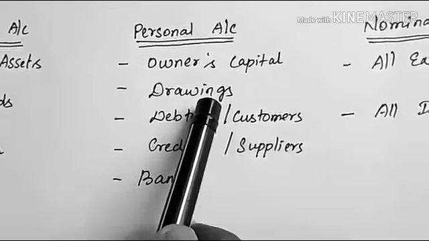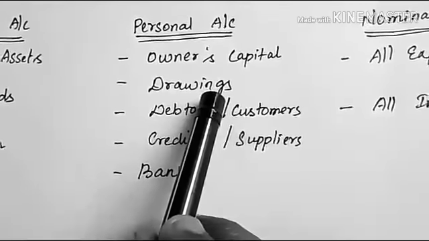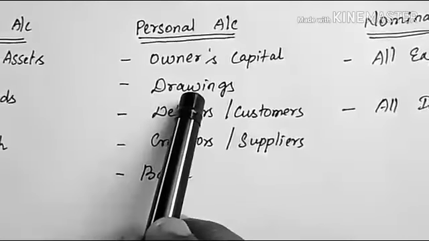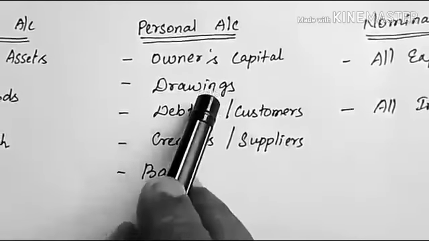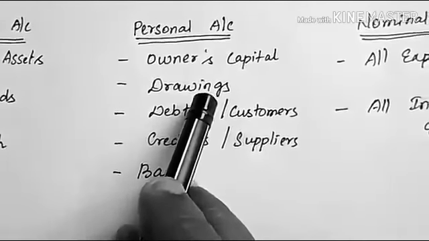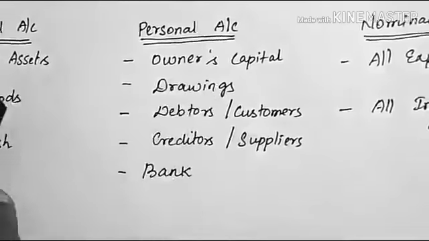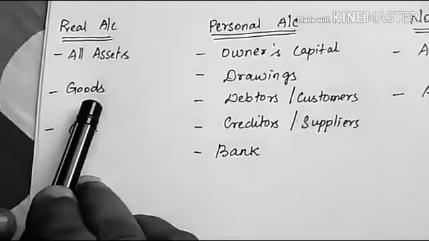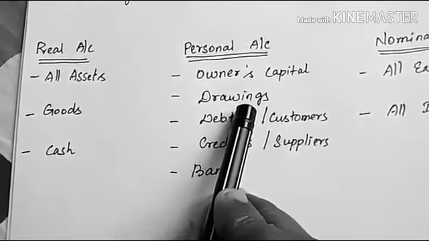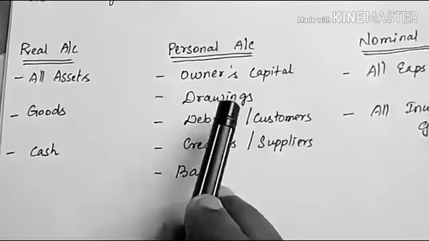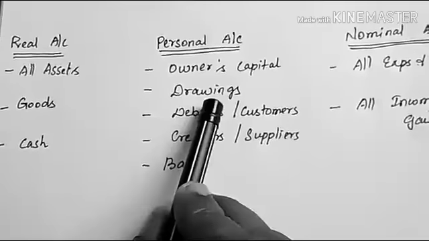If he takes a cheque from the business, the entry is drawings account debit to bank. If he takes some goods, meaning he purchased some goods for the business purpose, and out of that the proprietor takes some goods for personal purpose, the entry is drawings account debit to purchases.